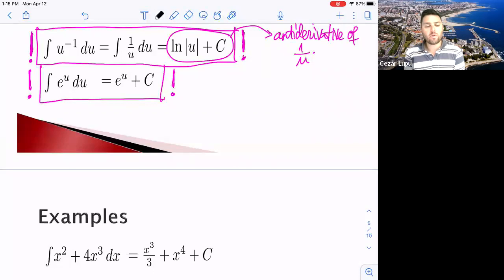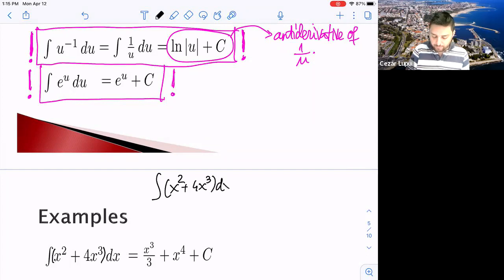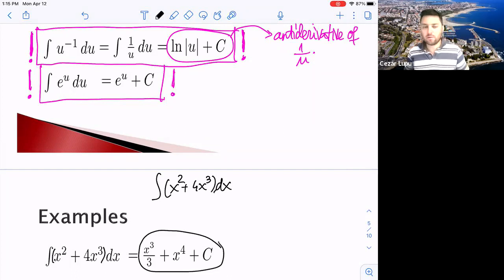So, in other words, we'd like to compute the integral of x squared plus 4x cubed dx. You see, the antiderivative of this is given by this guy here. But now the question is why? How did we get to that?